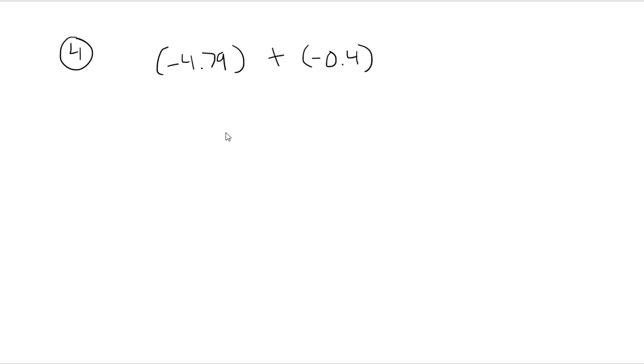Let's go ahead and look at number 4. The last two examples that I gave you were adding a positive number and a negative number. In this example, you can see that we're adding two negative numbers together. If we think about this in terms of money, if you owe and you owe, when you combine those two, you're still going to owe. So whenever you have a negative added to another negative, your answer will always be negative.